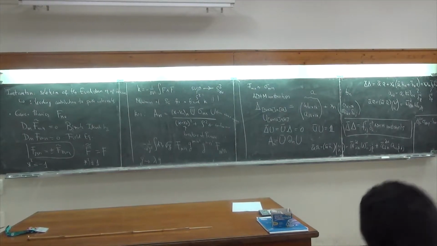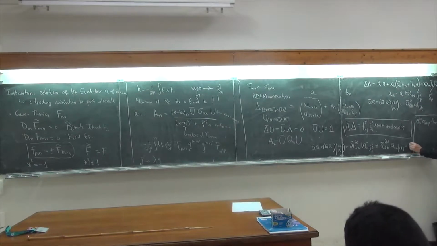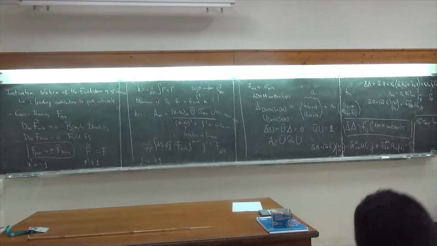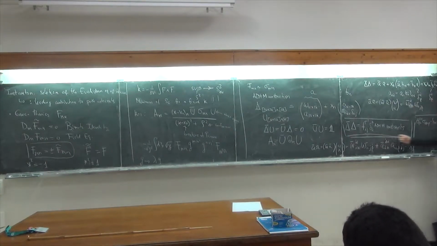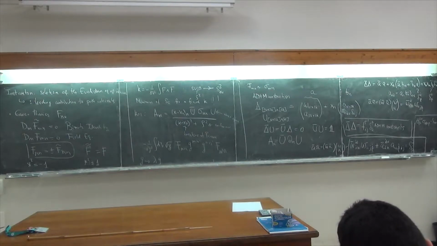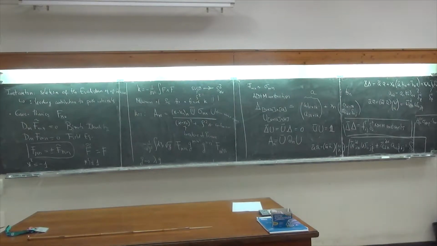All these should be proportional to delta alpha. Okay. This is what is called ADHM.